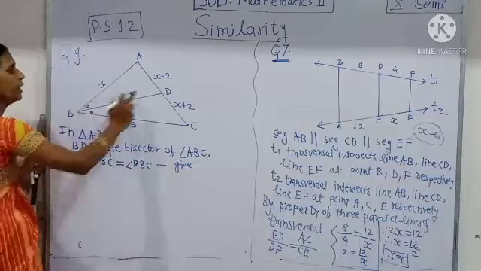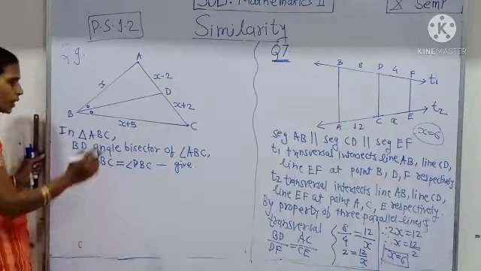Therefore BD is the angle bisector of ABC.